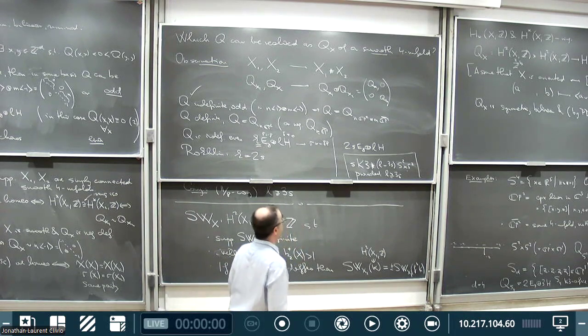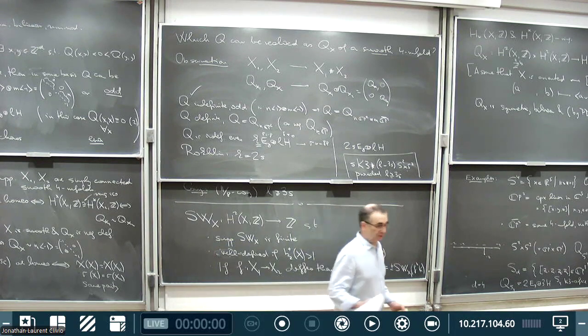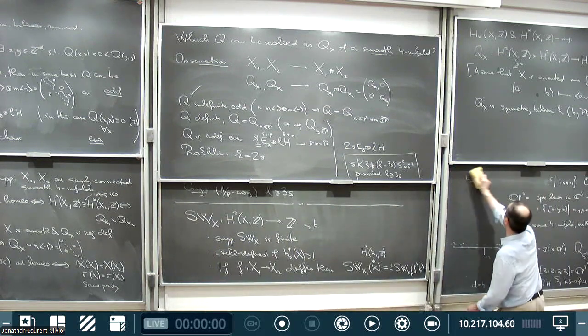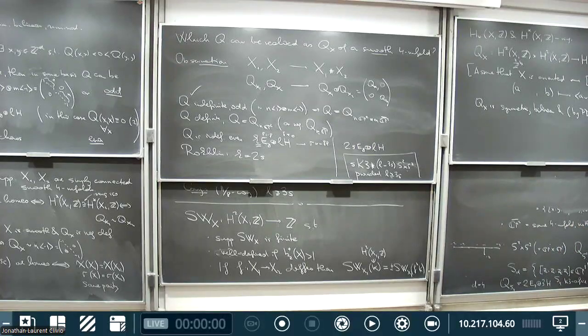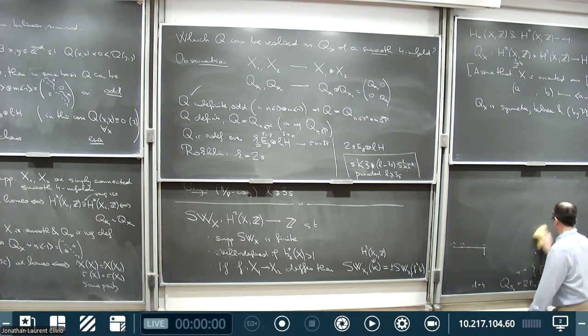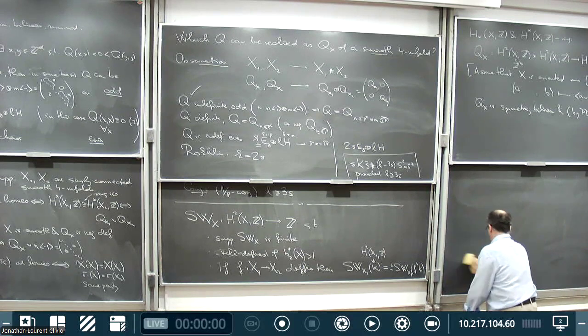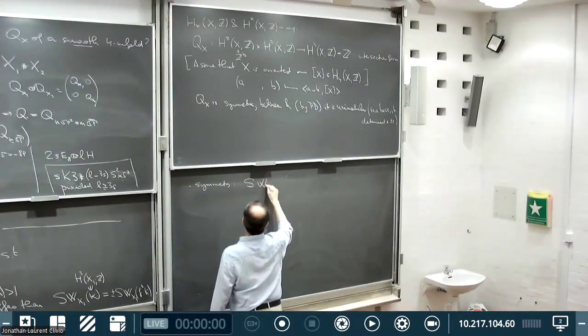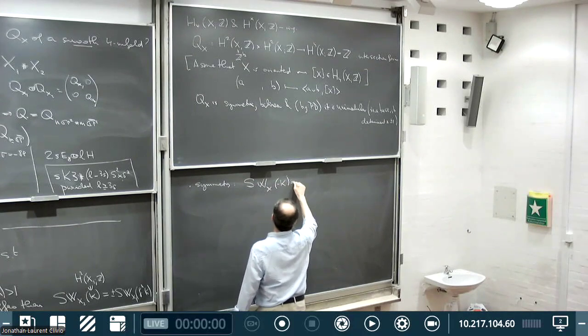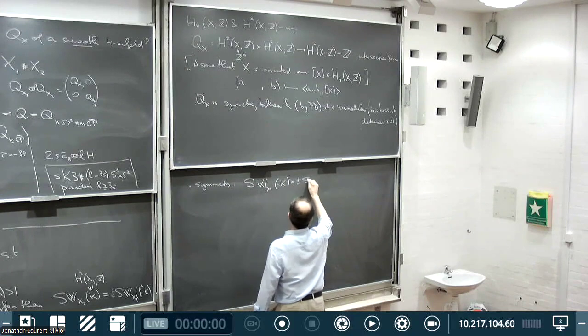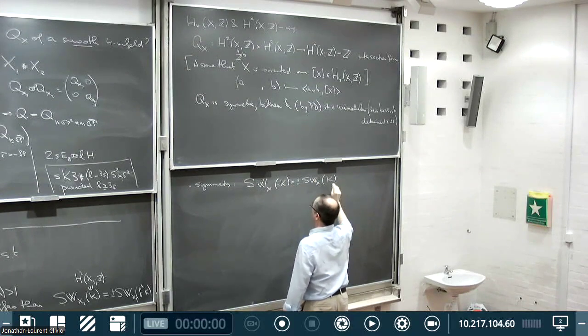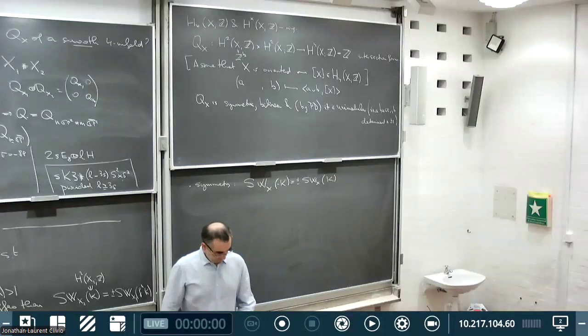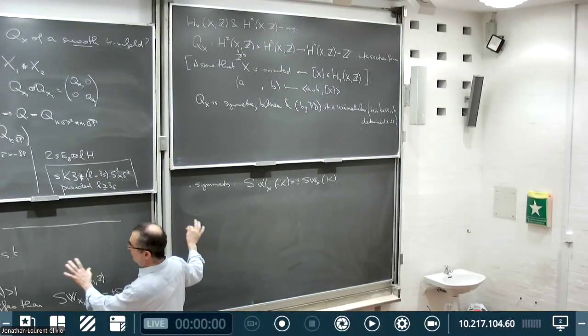And one more property, which is a symmetry: Seiberg-Witten of X on minus K is again, up to sign, the same as Seiberg-Witten of K.